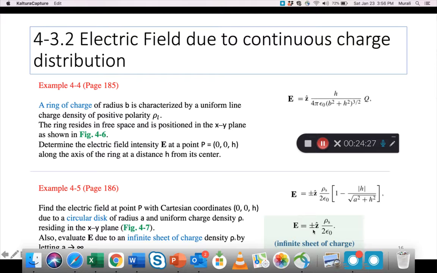So assuming that there is a huge sheet of some material which is all charged, how do you find the charge density at a given point? So from here you can easily come to here, okay, from this formula to this formula. So all that is in example 4-4 and 4-5.